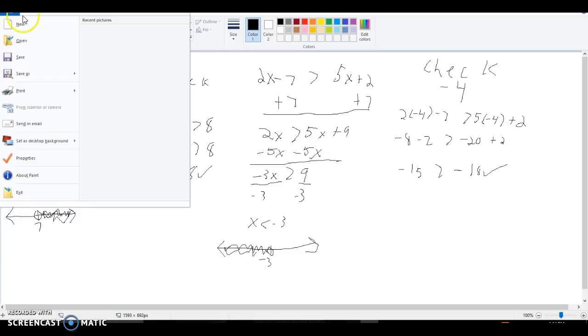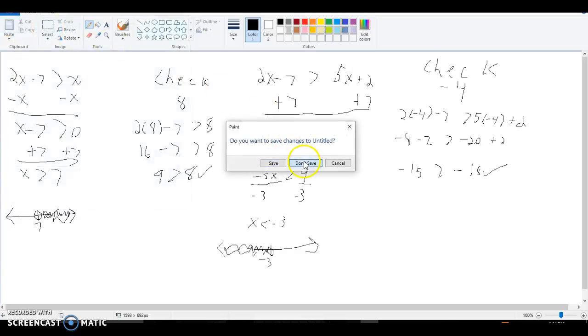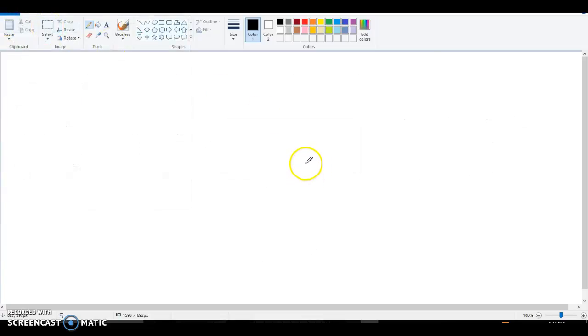So let's continue on with another example where we have a less than or equal to inequality symbol. So we're going to have 2x plus 1 is less than or equal to 5. So we're going to subtract 1 from both sides.